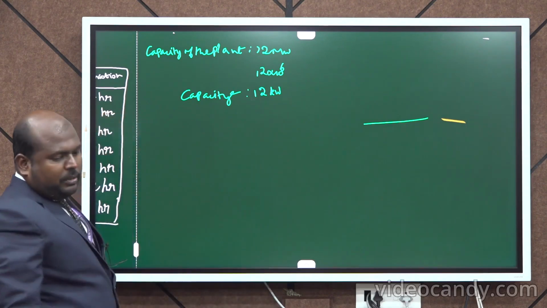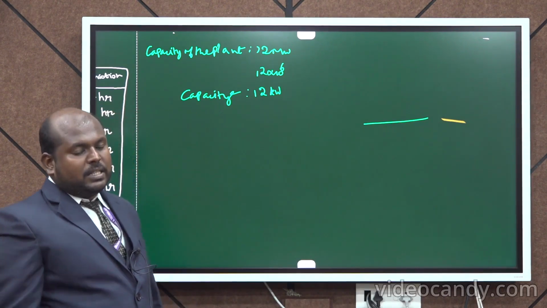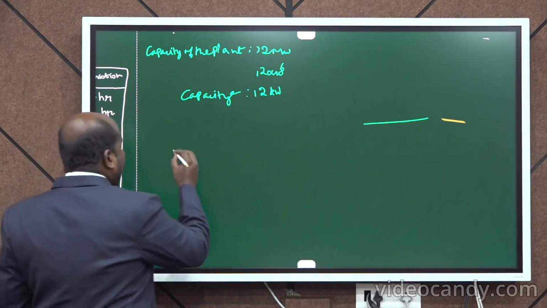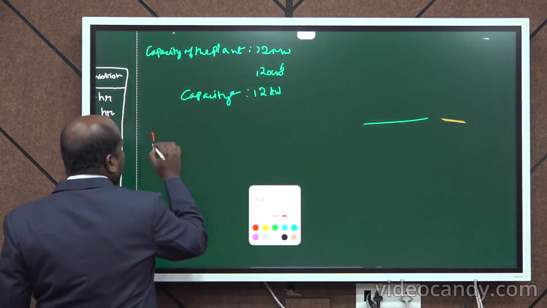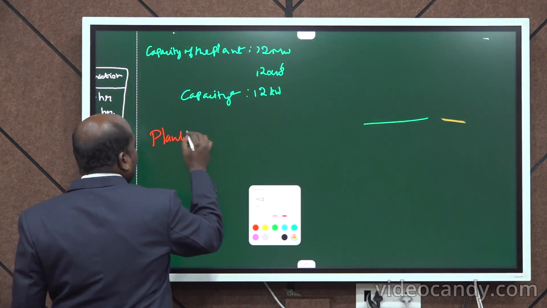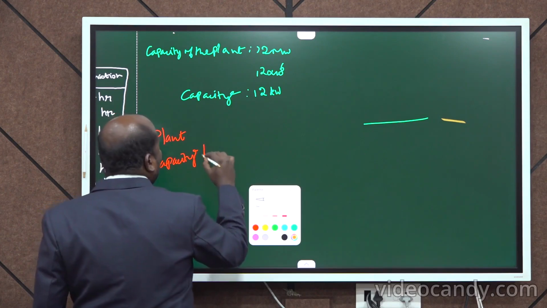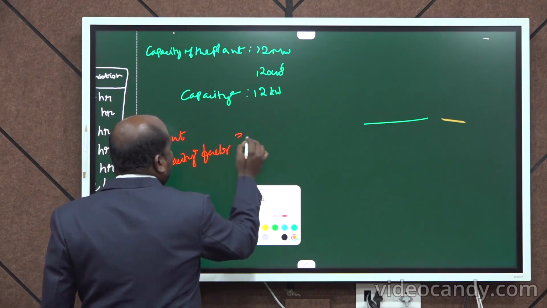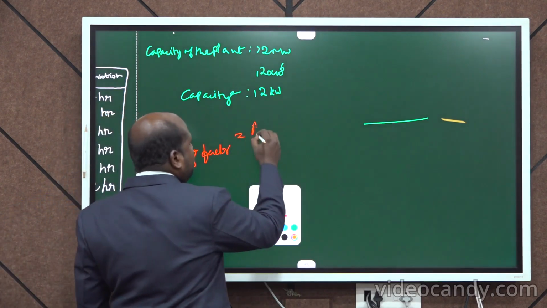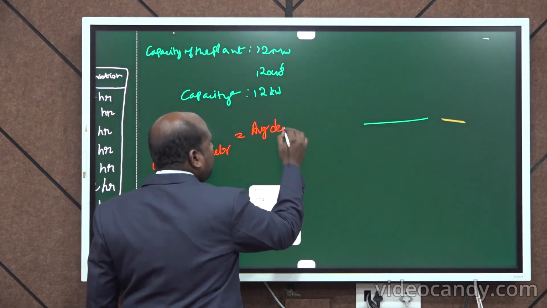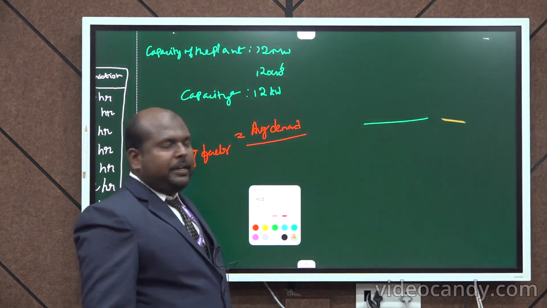So my final determination has to be in the way of plant capacity factor, which has a formula: average demand divided by my rated capacity.